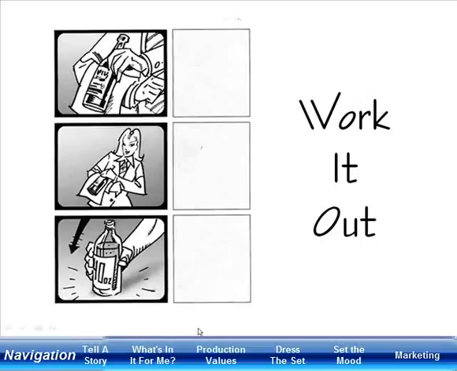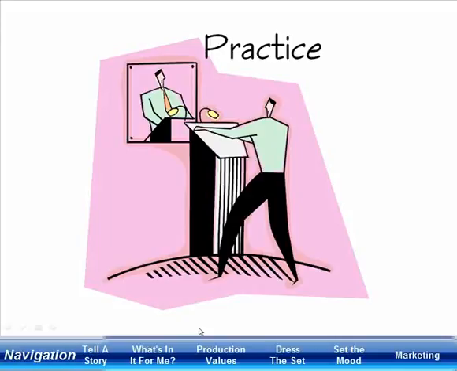And then practice what you're going to say. If you're going to have a voiceover where you're not on camera, just the product, well, stand in front of a mirror and practice that voiceover. Don't feel foolish because you're just talking to yourself in a mirror. This is business. And like any kind of public speaking, the more you practice, the more comfortable you'll be with it.